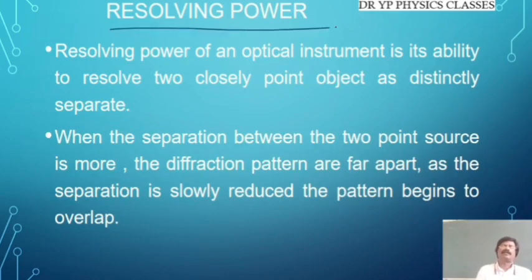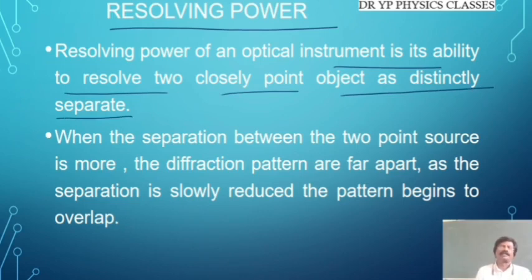Now let us come to the resolving power. What is meant by resolving power? The resolving power of an optical instrument is its ability to resolve two closely spaced points as distinctly separate points. So when we have two close points and I see through the optical instrument, I can see the two objects as separate.